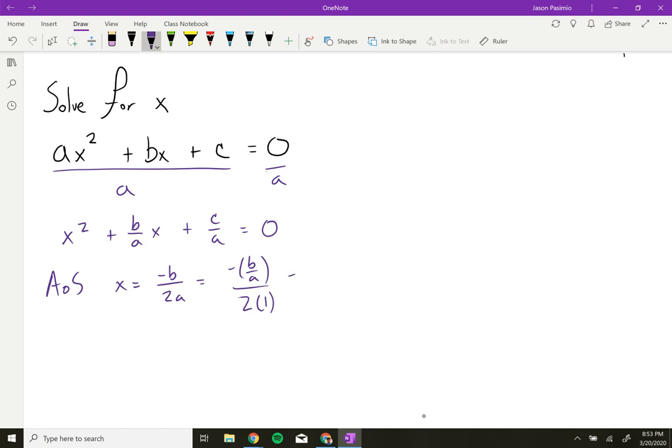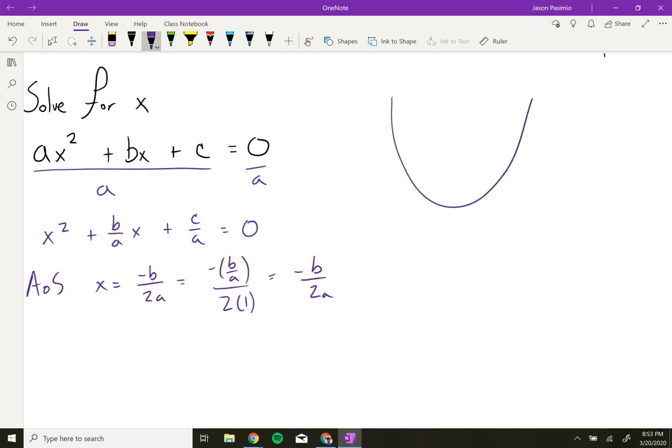But the weird thing is when I simplify that, you know what it turns into? It turns into negative b over 2a. So, just like last time, if I draw my parabola, that means that I know this line is negative b over 2a.